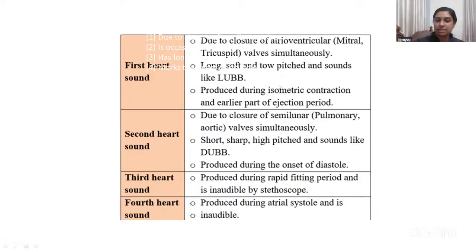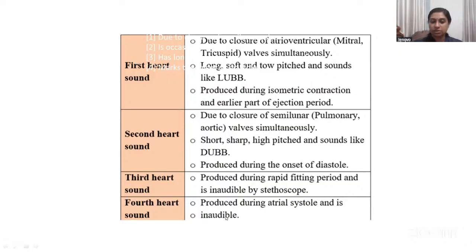The second heart sound is a short, sharp, high-pitched sound, and it sounds like a DUB. It is shorter in duration, in contrast to the first heart sound. And it is usually produced during the onset of diastole. Just during the onset of diastole, this second heart sound occurs.